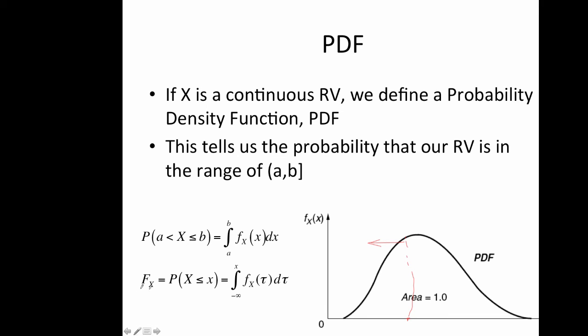That's equal to the CDF at that value. So they are related. We simply take the integral from minus infinity up to that value to get the CDF value. So the PDF is related to the CDF, much like the PMF is related to the CDF.